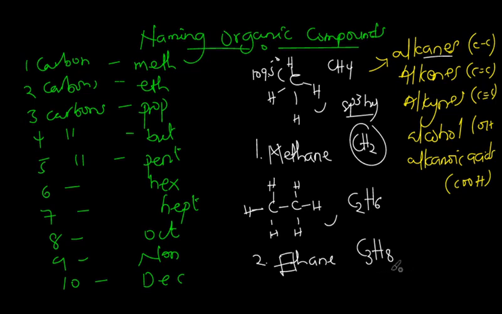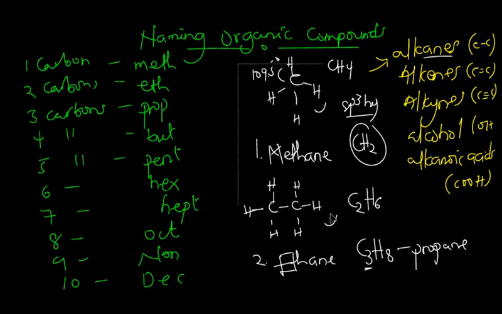Okay, so this is an alkane having 3 carbons, and 3 carbons is prop, so the name will be what? Propane. The same way, an alkane with 4 carbons will be butane, 5 carbons will be pentane, 6 will be hexane, 7 will be heptane, 8 will be octane, 9 nonane, and 10 decane.